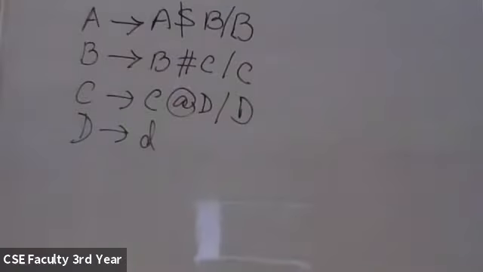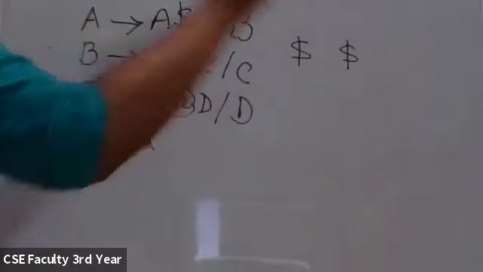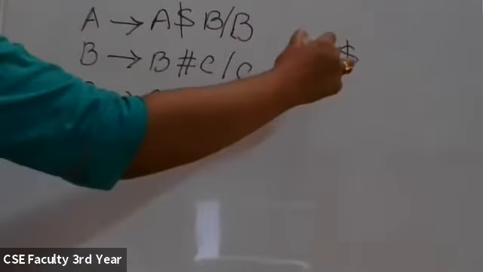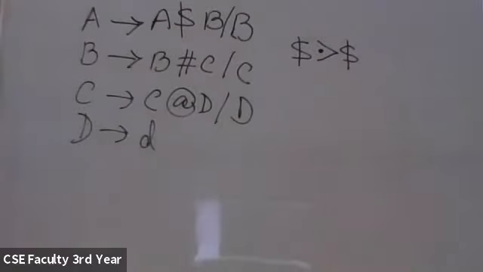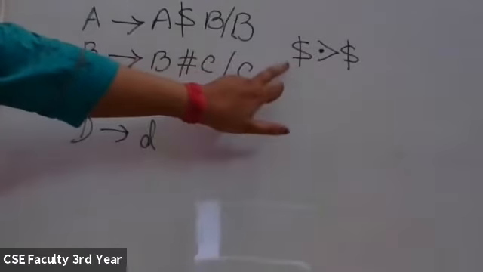So let us begin with dollar. Dollar is left associative or right associative? Left, ma'am. Okay. That means if we have two dollars, then the left one will have higher priority. Clear? So the higher priority is written this way. This symbol says that the left one has higher priority.